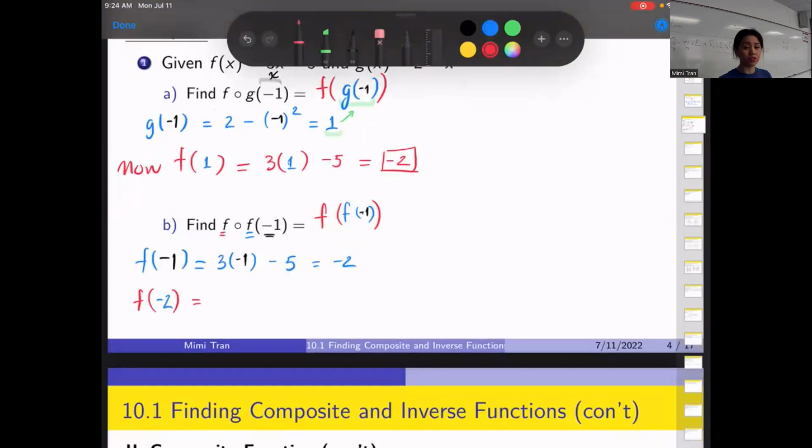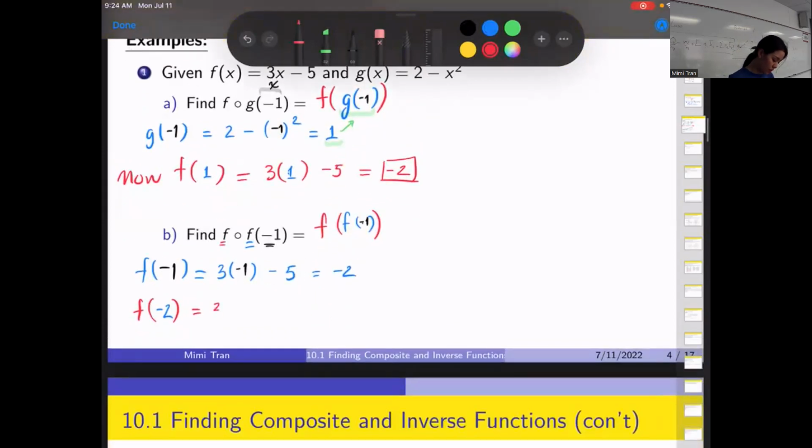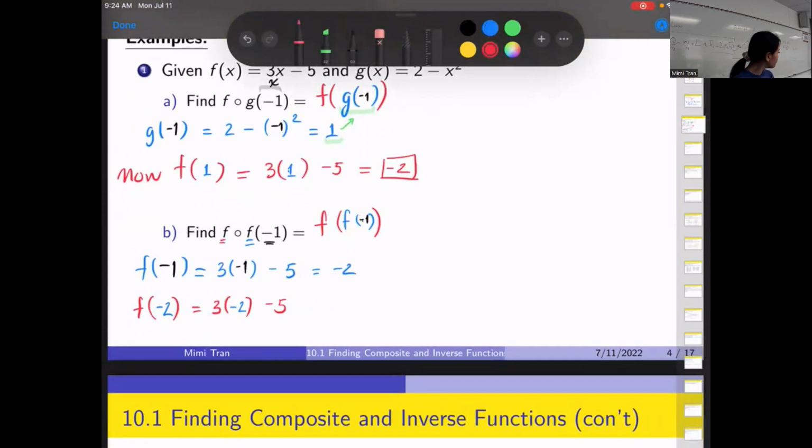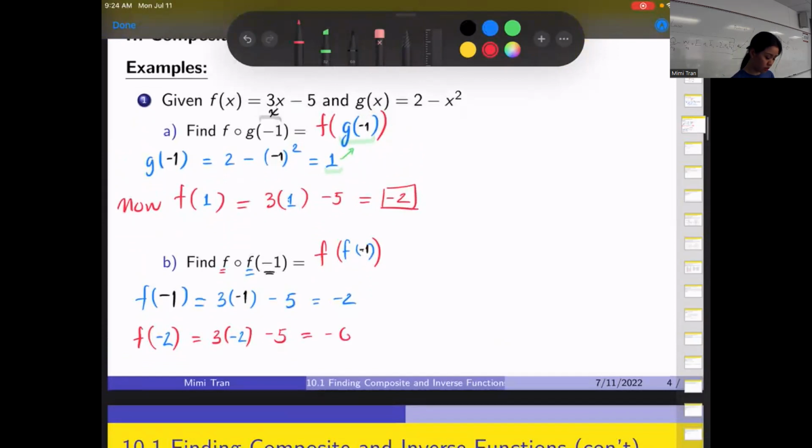And again, we plug into the function F again, because that's what it asked us to do. So 3 times something minus 5 again, but the new input now is no longer -1, it's -2. -6, huh? Oh yeah, that's right. Thank you, I was thinking, no wonder I feel deja vu.